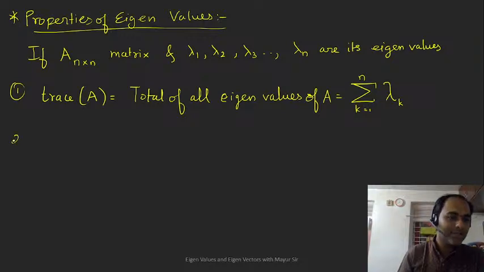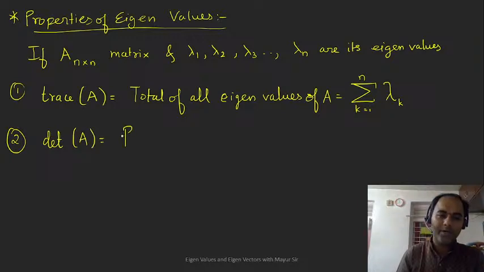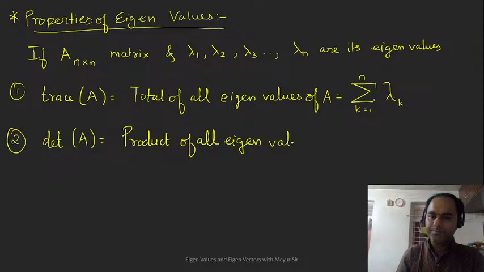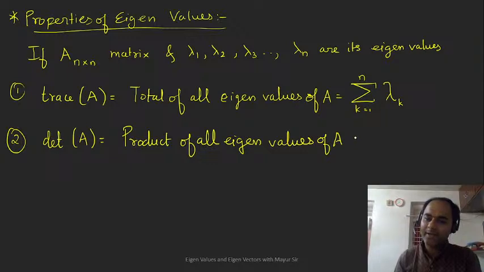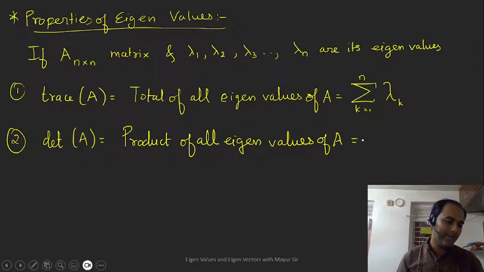Now this notation you may not have seen, but let me give you the next one. The determinant of A is the product of all eigenvalues of A.